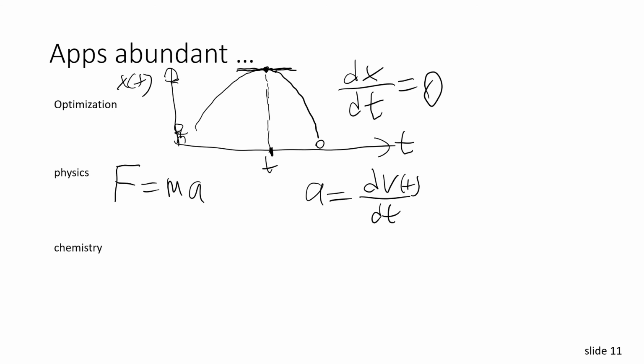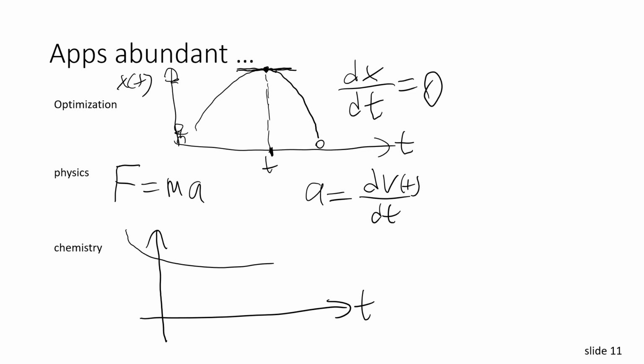And you can also use exponential functions or logistic functions to model concentrations of different chemicals in a reaction for chemistry. And those functions are actually solutions of equations related to derivatives. In biology, you can use exponential growth functions as well to see the population growth of cells and bacteria.